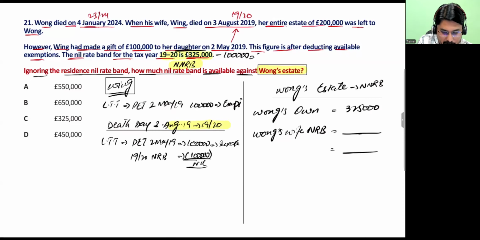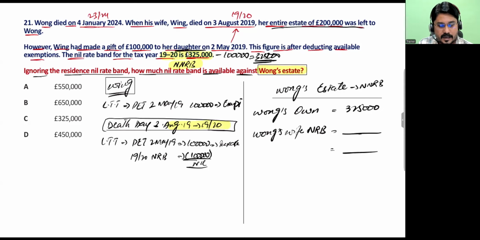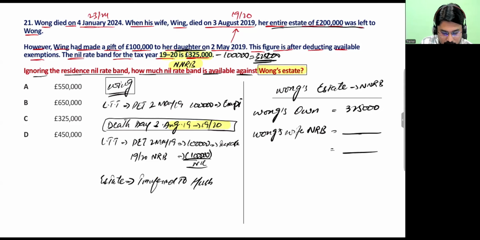So the remaining nil rate band amount is 225,000. At the time of death, firstly we check the lifetime transfers which become taxable at the time of death, and then at the last stage we talk about the estate, and the estate transferred to the husband is exempt, and the nil rate band is unused.